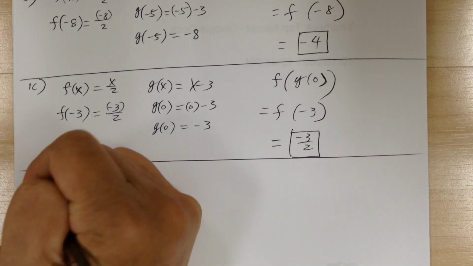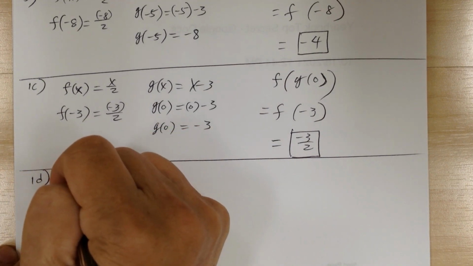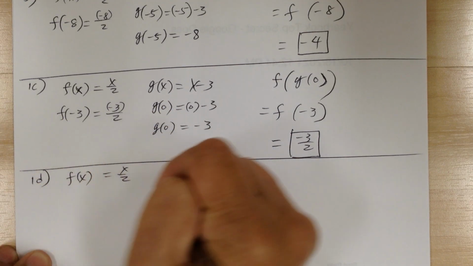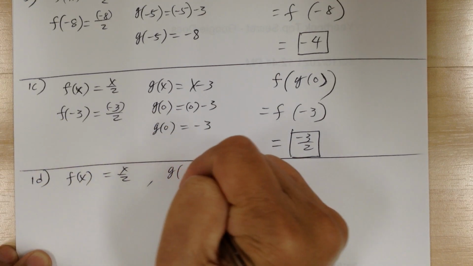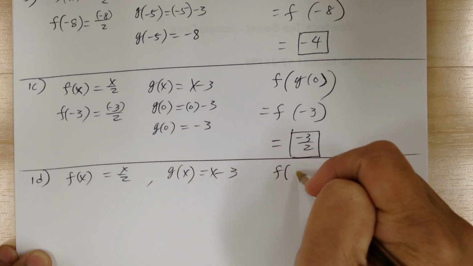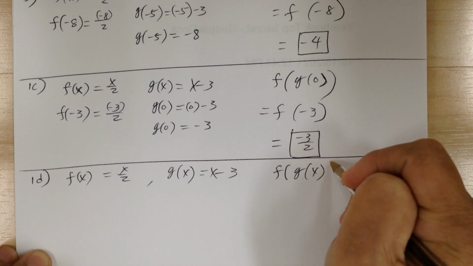Okay, let's go to 1d. You have f of x equal to x over 2 and g of x equal to x minus 3. You're looking for f of g of x.